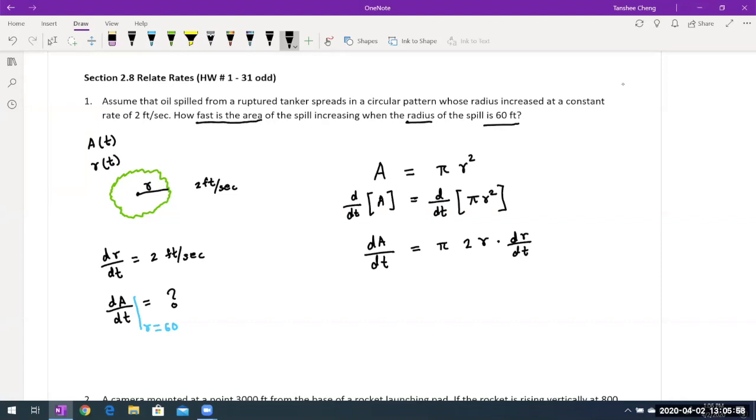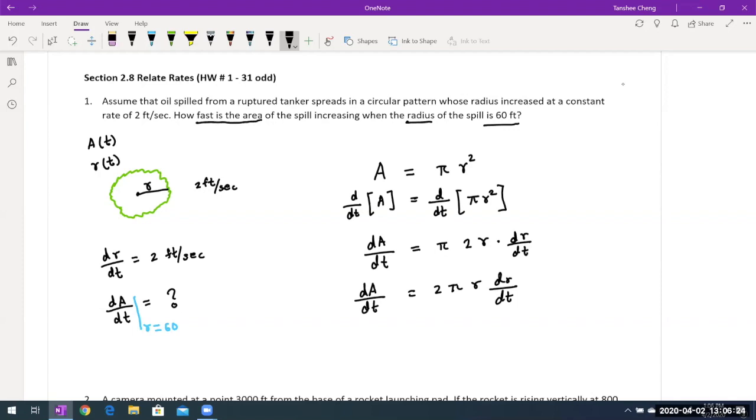That's why when we take the derivative of r squared, we need to use the chain rule, which is the implicit differentiation idea that we learned in 2.6. So finally, if I simplify a little bit, it looks like dA/dt equals 2 pi r times dr/dt.